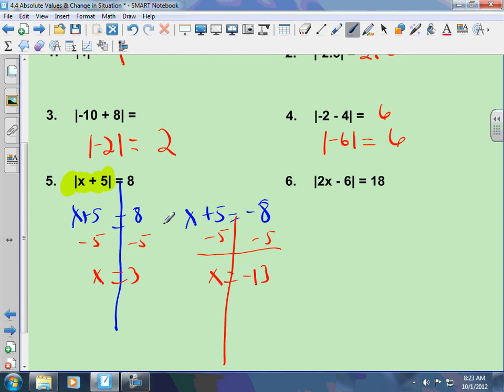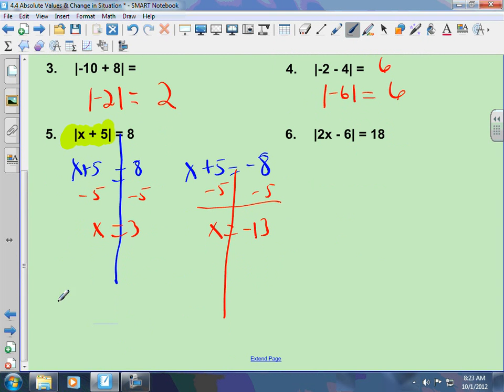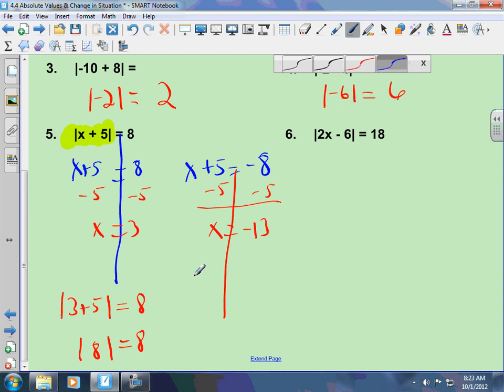Let's see if x equals 3 works. I have the absolute value of 3 plus 5 equals 8. The absolute value of 8 equals 8. That is true. Here I have the absolute value of -13. Let me do that over here a little more.